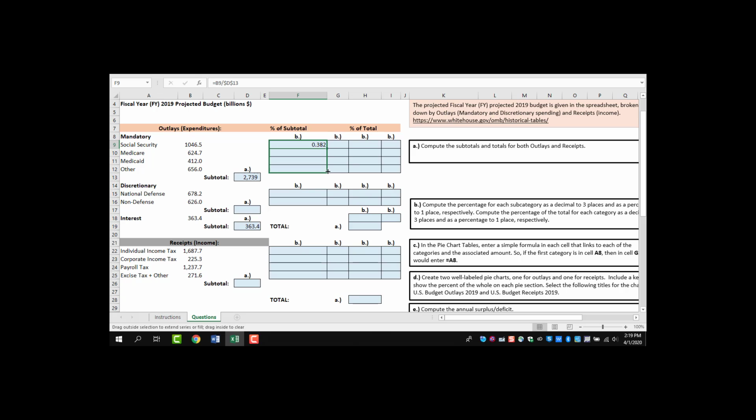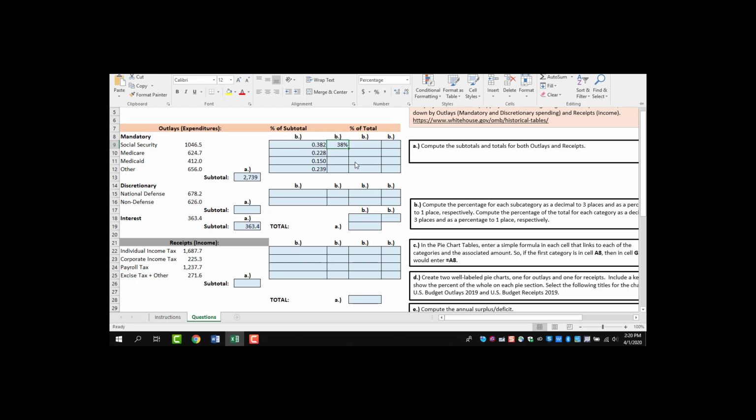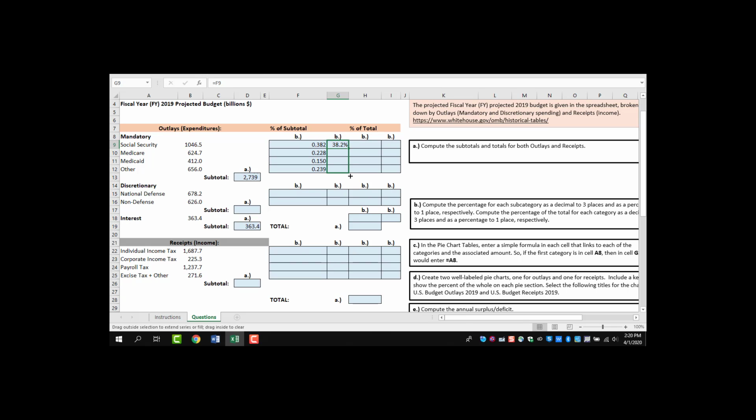I'll drag that down. And then here they want this as a percentage, with 1 decimal place. All right, so you're going to do the same thing for here, and you're going to do the same thing for the receipts. That's money coming into the government, right?